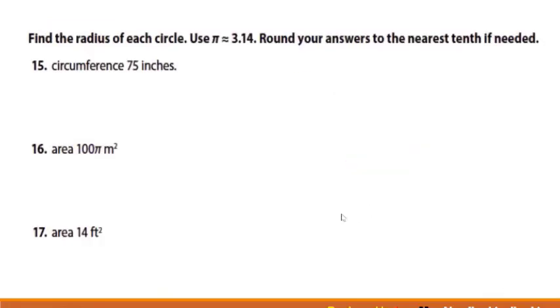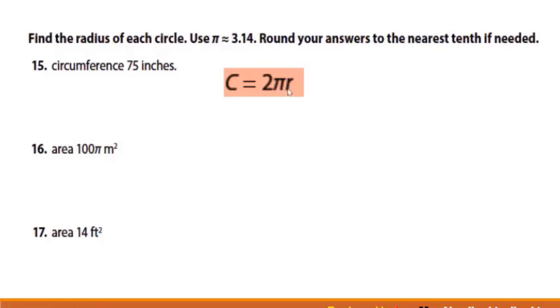I think it's clear. Now we're going to see how to find the radius with circumference or with area. Remember the circumference again, 2 pi r. I need to find the radius, so I'm dealing with this formula. But how do I find r? If I want r, I divide the circumference by 2 pi.